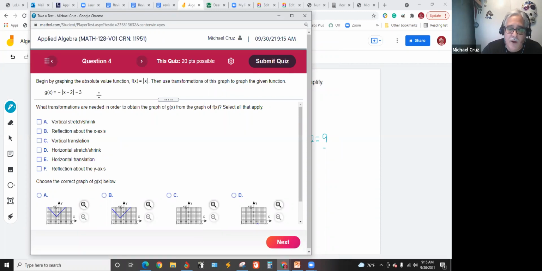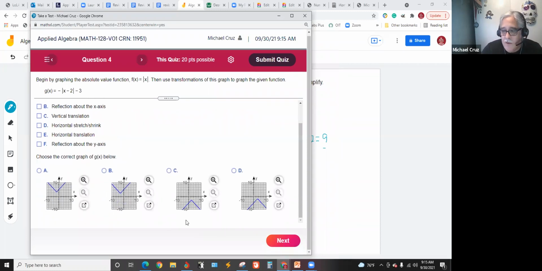The negative 3 is a vertical shift that moves it down. So we can rule out A and B, because this means the vertex has got to be down 3, not above 3.